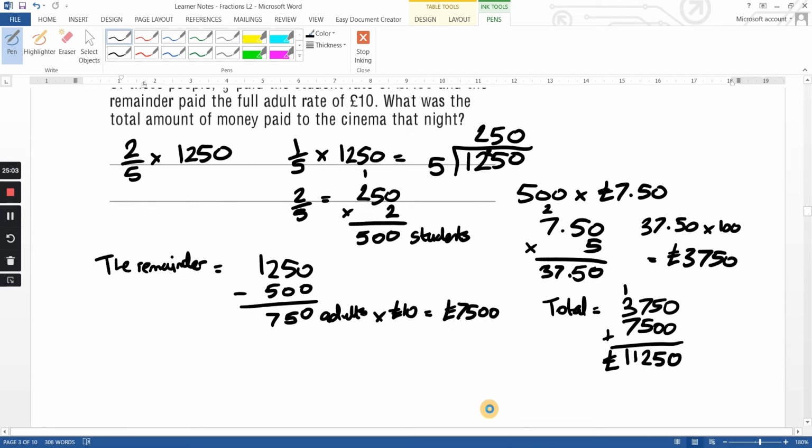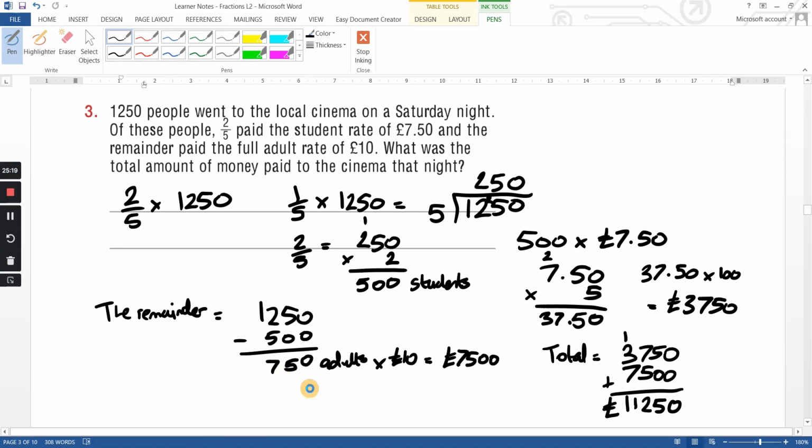Yep, in total. I could have worked out the 750 by doing 3/5 of 1,250, but it makes no difference, you know, as long as you can work out how many adults you've got, that's fine. Times by the £10, you'll get £7,500. Add it to the total for the students as well, and that's your grand total for your answer.